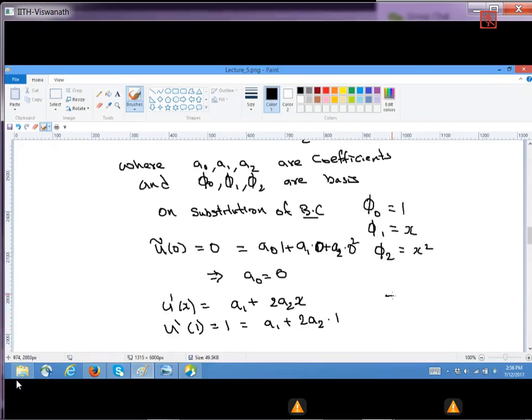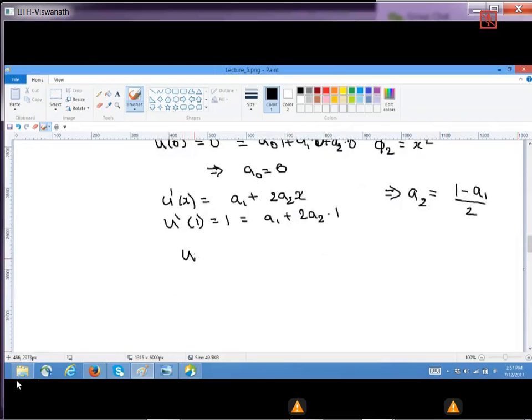That implies a2, or you can write whichever you want. Let's write a2 in terms of a1. a2 is equal to 1 minus a1 by 2. So this is very similar to what we have done previously.